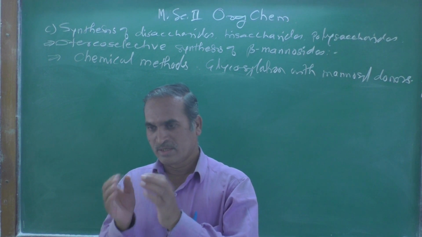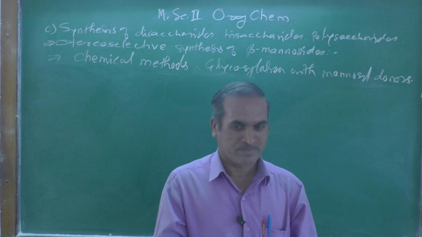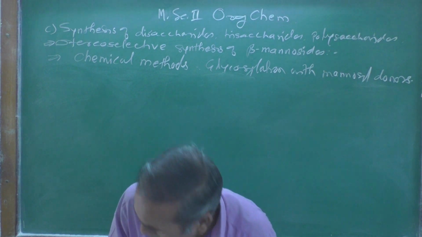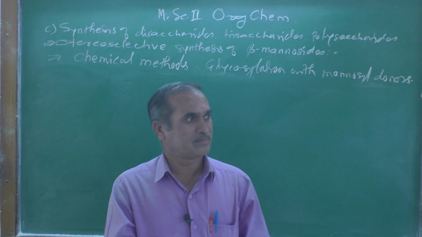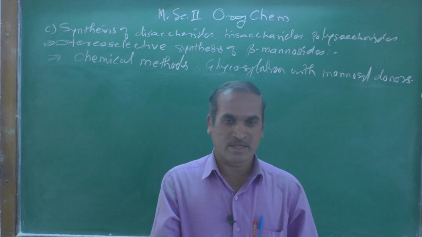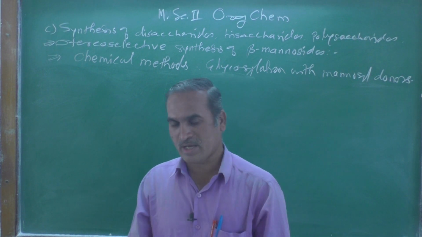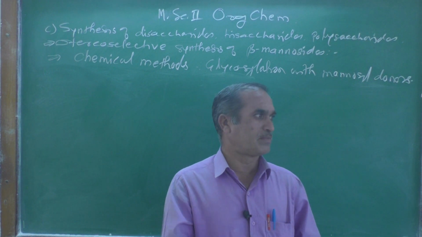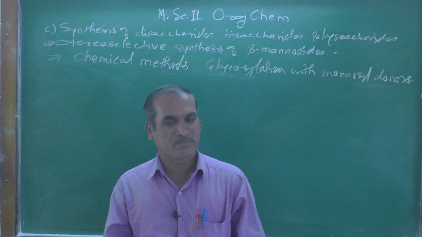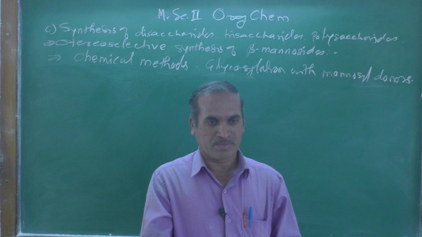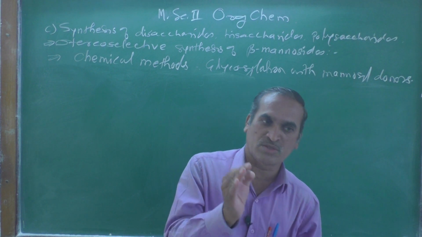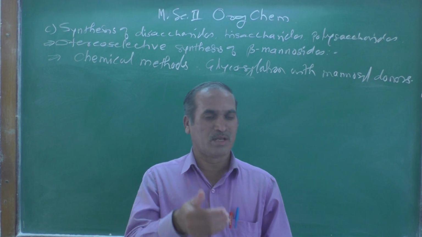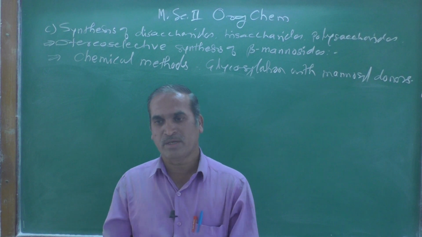With the help of the following points, we have discussed how to synthesize these types of derivatives by using the concept of stereoselective synthesis of beta mannosides, which will be obtained starting from mannose.